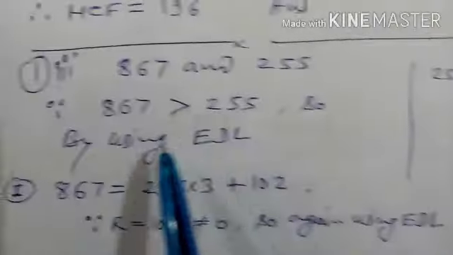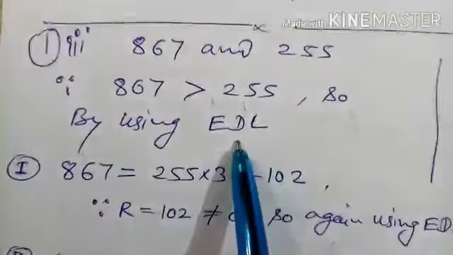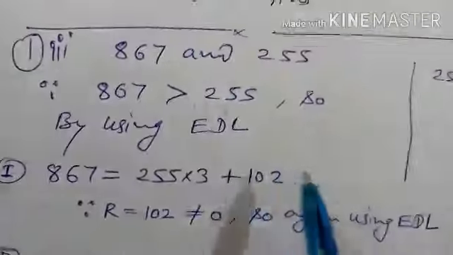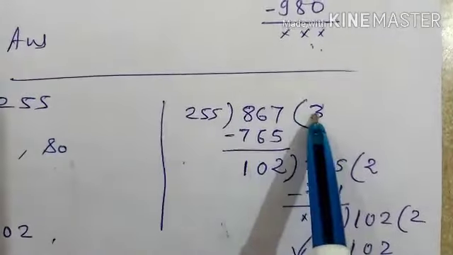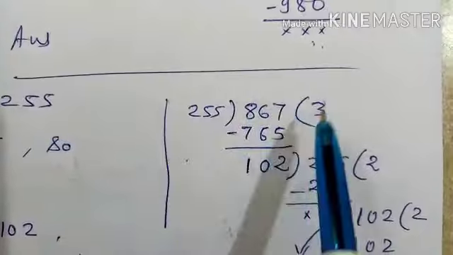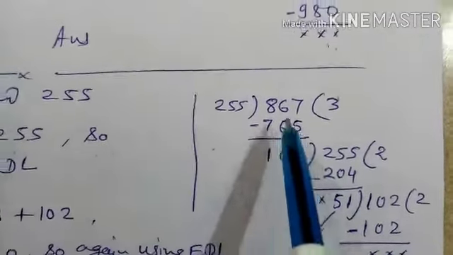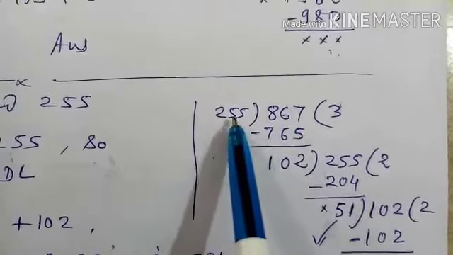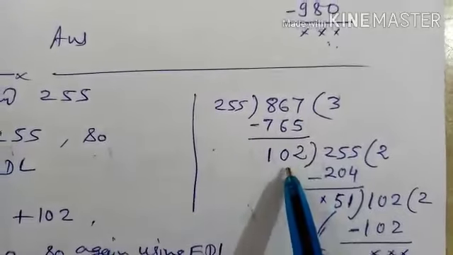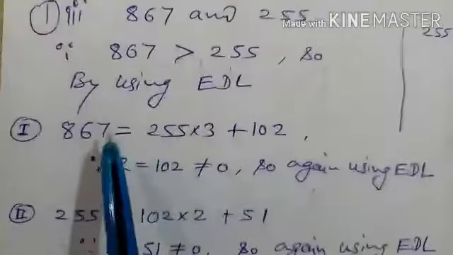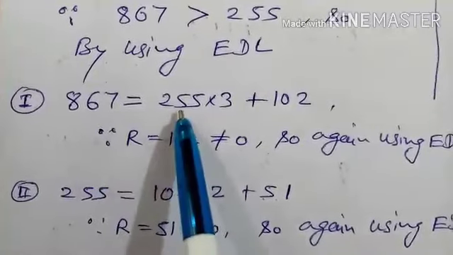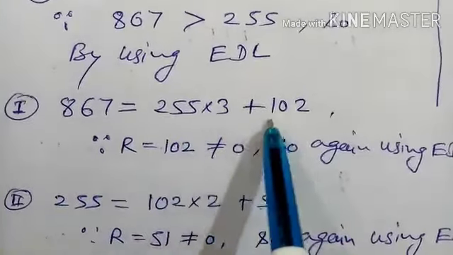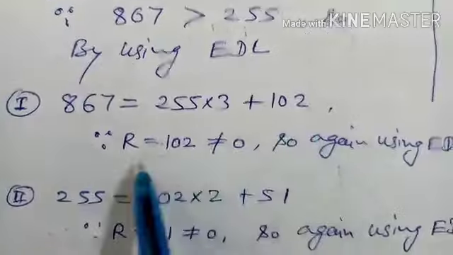Now by using EDL, it means a is equal to bq plus r. This is a, this is b, and this is q. r means remainder. So 867 is equal to 255 into 3 plus 102.